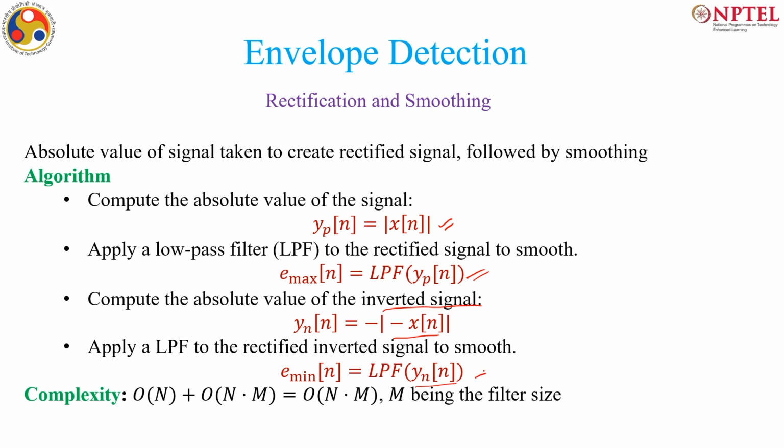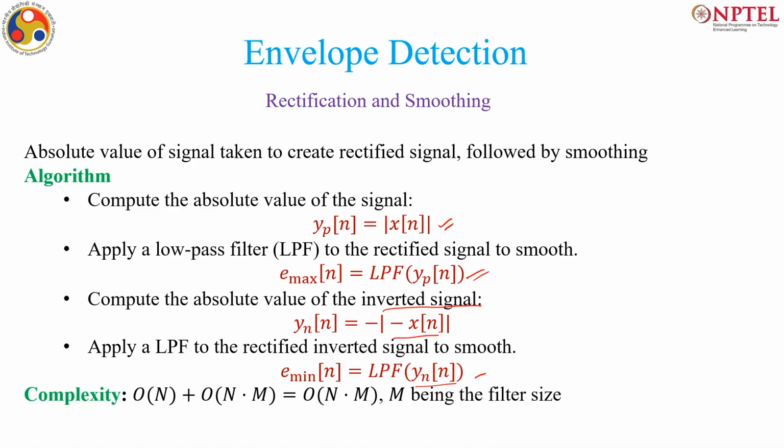Since this is an algorithm, we will analyze the computational complexity of this algorithm. The first is taking the absolute value. If the signal is of length n, you have to take the absolute value for each sample, which is an O of n operation. For filtering, consider that we are using a convolution where m is the filter size.